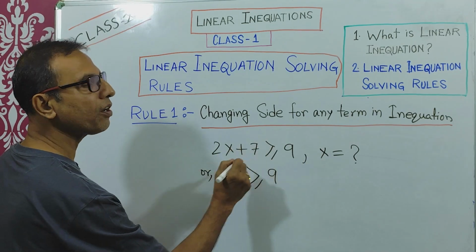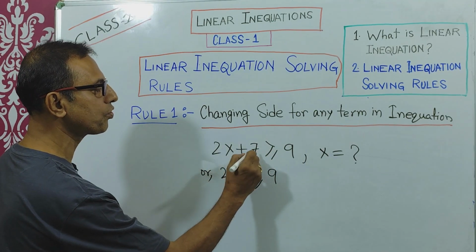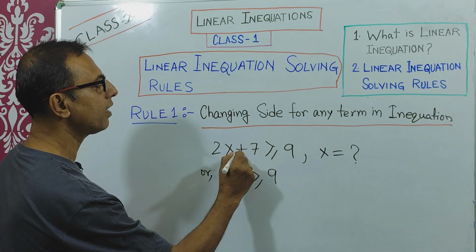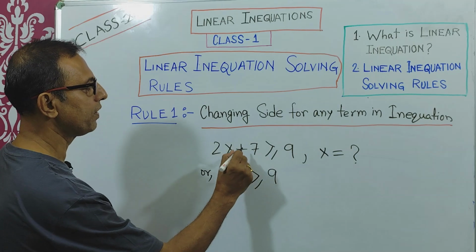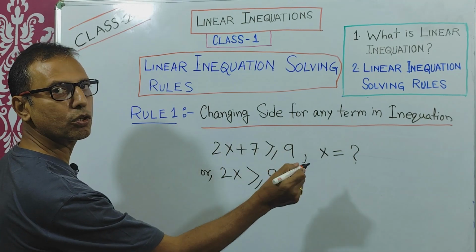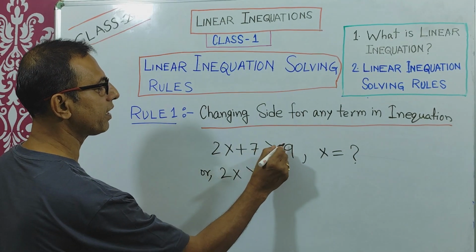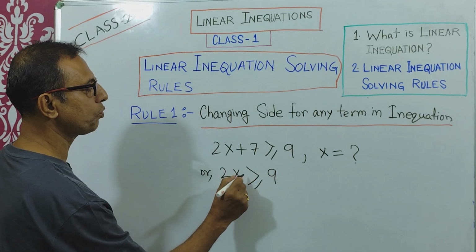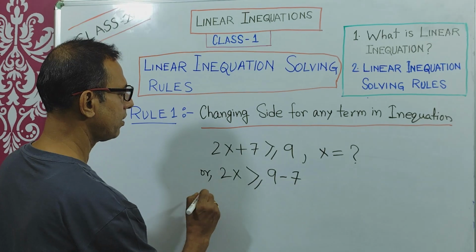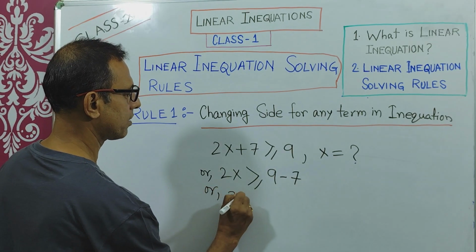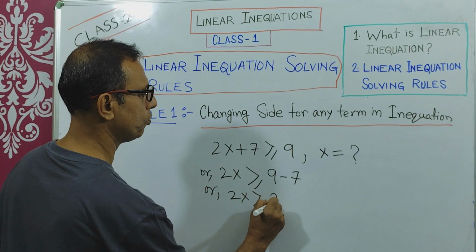Therefore, whichever term you change the side of, the sign of that term will be changed. If it is plus, it will be minus. If it is minus, it will be plus. So 2x plus 7 greater than equals to 9. Then we can write 2x greater than equals to 9 minus 7. Right? So 2x greater than equals to 2.